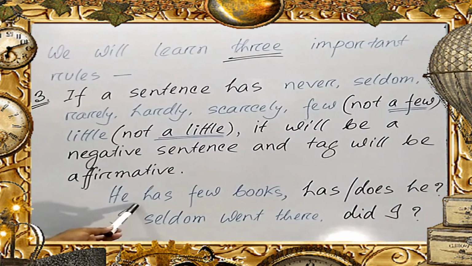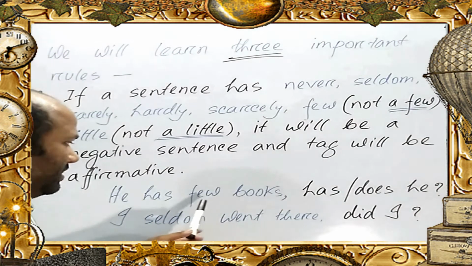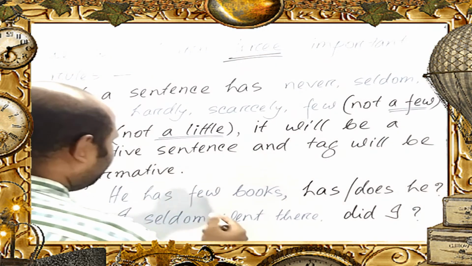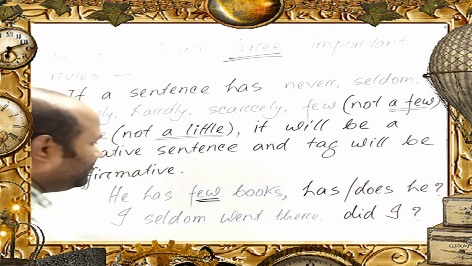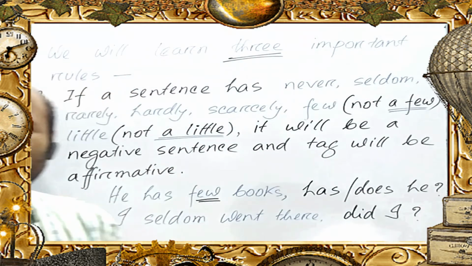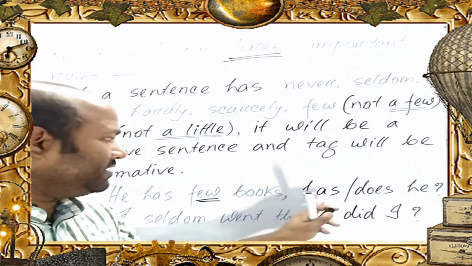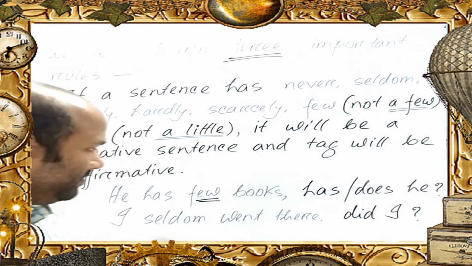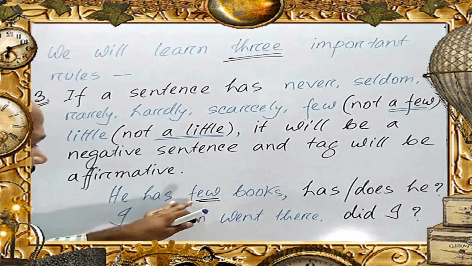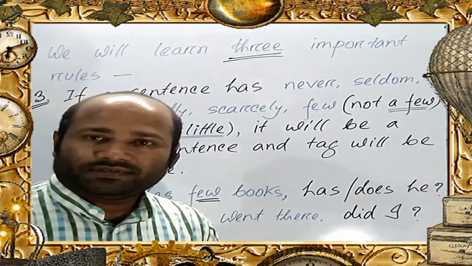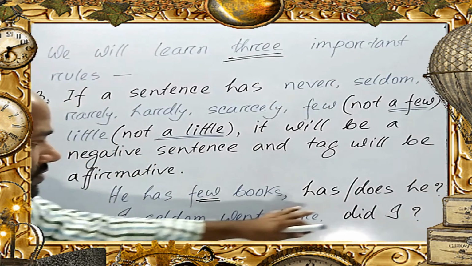Just like that, he has few books. You can see it has few, so there is only few. So you can use has or does. There is another confusion. If the sentence bears has or have, you can use both of them.